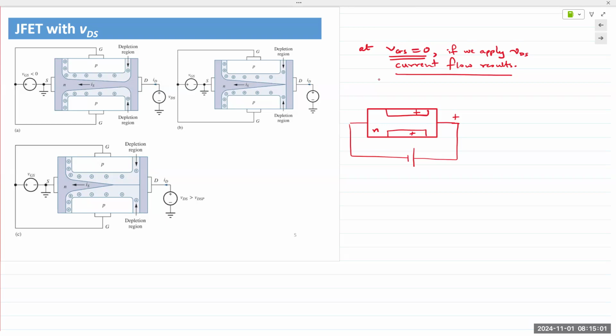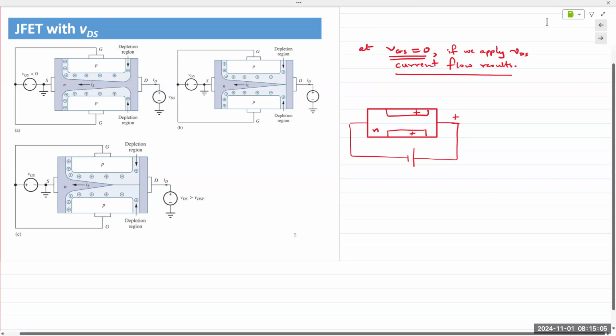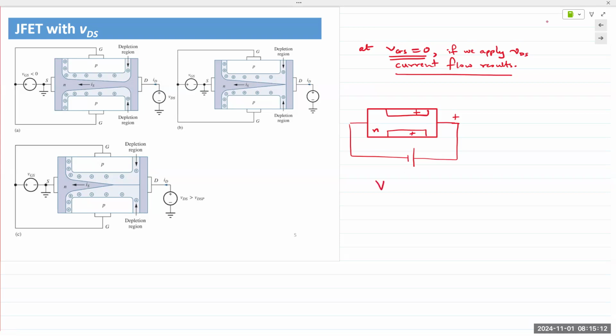So for both cases, VGS as well as VDS, the pinch off occurs. Okay, but technically the pinch off voltage that is referred to, VP, is for this scenario when VGS is equal to 0. So there is a pinch off voltage for every VGS level.